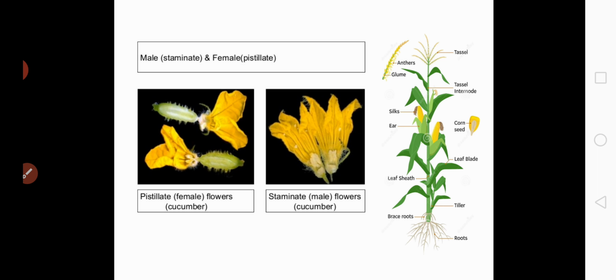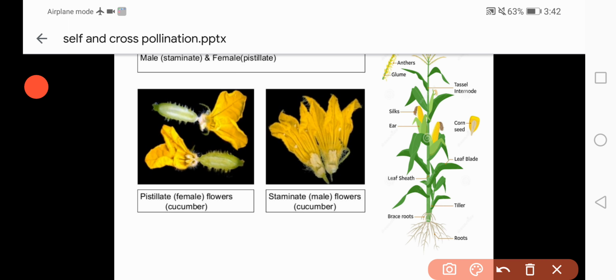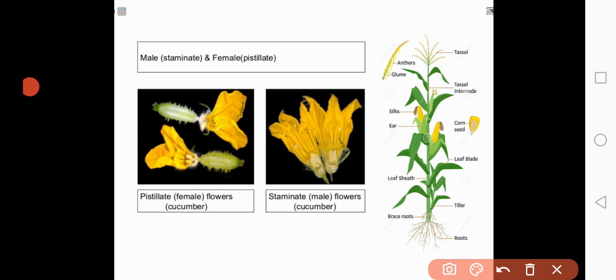These are the images of monoecious plants, where you can observe the female and male flowers of cucumber. The female flower is called pistillate, whereas the male flower is called staminate, and these two different flowers are borne on the same plant, hence the condition is monoecious.